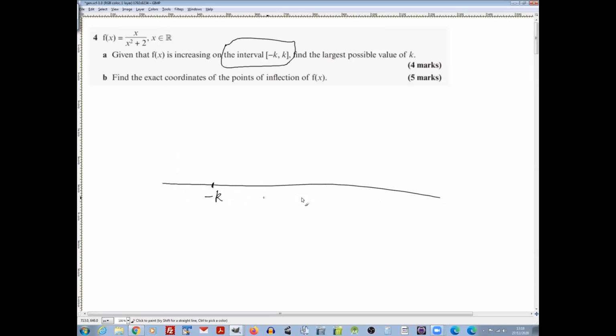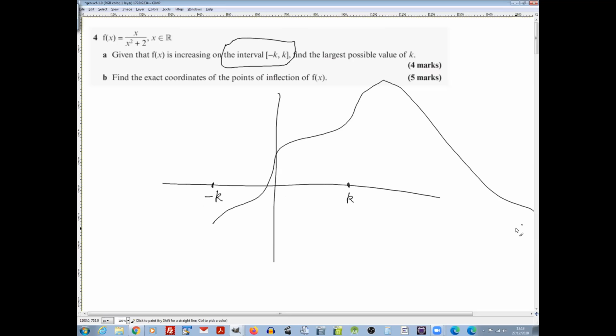So what we're saying is that between x values of minus k and k, presumably the y-axis is dead halfway. We can presume that, can't we? In that interval, it's an increasing function. It might come down later on.